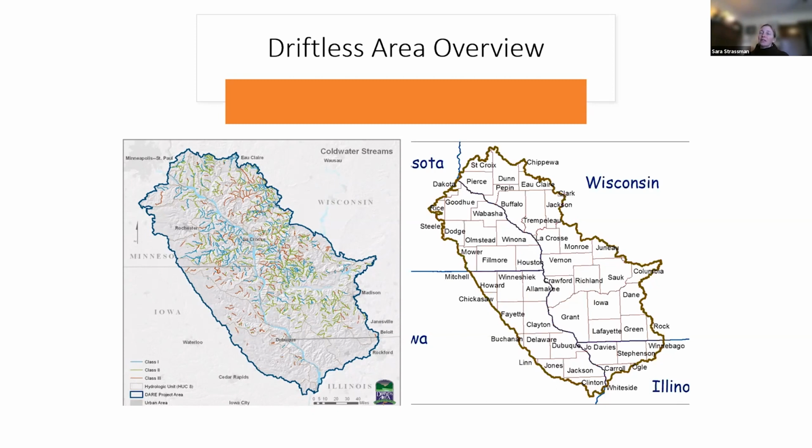So we have an opportunity to restore a stream back into its former channel and reconnect it to the floodplain and to a full series of wetlands that are throughout that floodplain. Obviously those don't come along every day, but a project like that would score very well in our program for being able to meet multiple objectives.